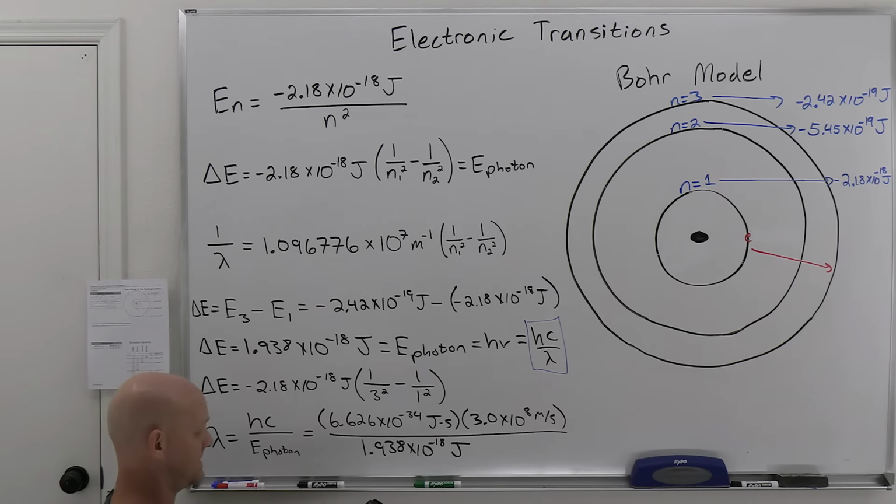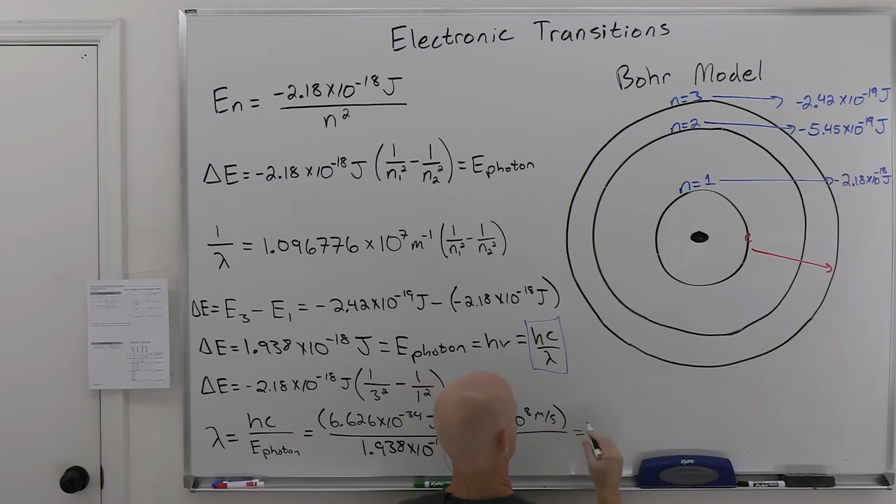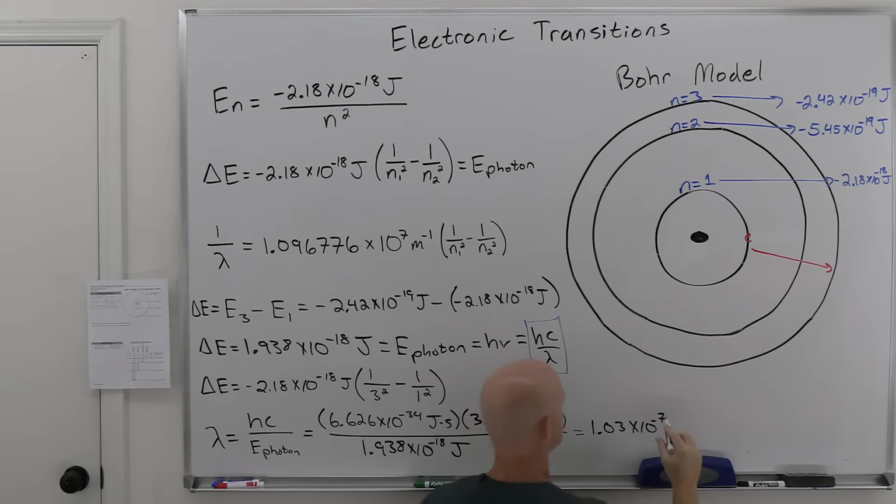Let's try this again. 6.626 times 10 to the negative 34 times 3 times 10 to the 8th divided by 1.938 times 10 to the negative 18 equals 1.02 times 10 to the negative 7. Actually, 1.03, round that up. 1.03 times 10 to the negative 7, and that's going to be in units of meters.